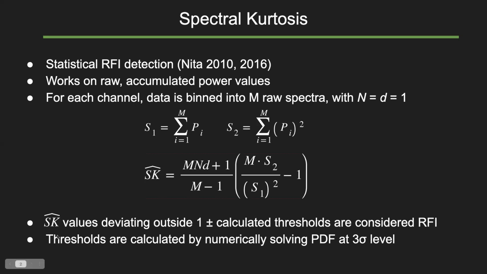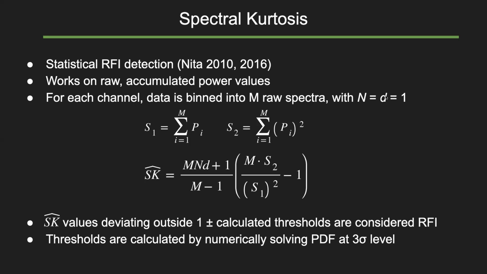There are thresholds that are calculated by numerically solving for the PDF of this SK estimator shape, which is based on the values of M and N and D. And then you numerically solve for the three sigma level exclusion zone. If you have accumulated power values, so power spectra that have already been averaged, like a typical output of a Vegas spectral line mode observation, this N becomes the number of spectra that went into that average.